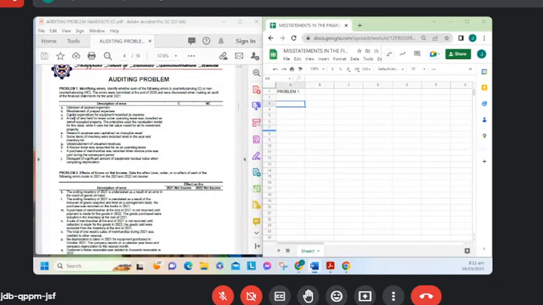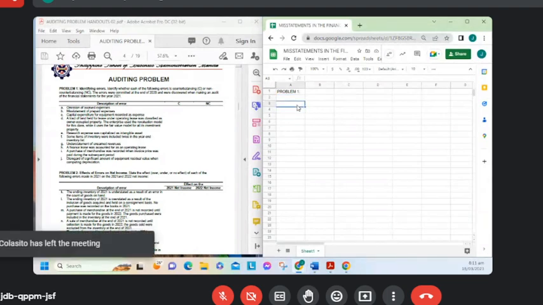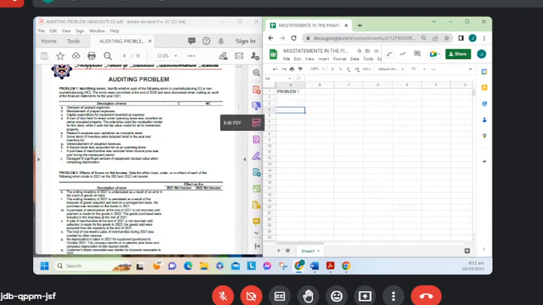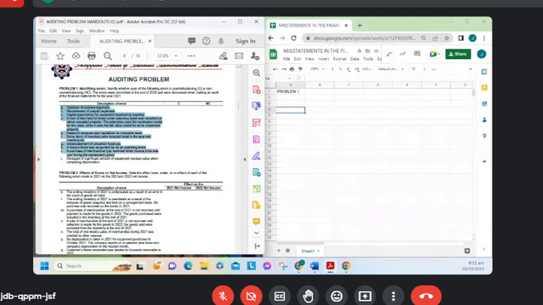So let's start with letter A. So this is an omission of accrued expenses. Is this a counterbalancing or non-counterbalancing? So this is a counterbalancing, right? So let me copy the errors here, and then I will put the answers.